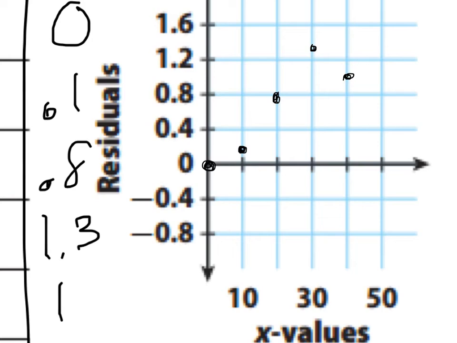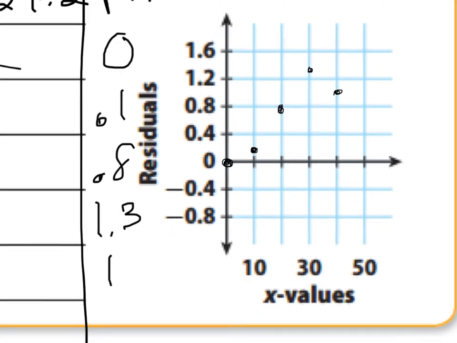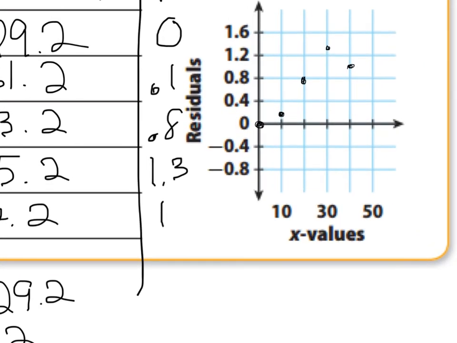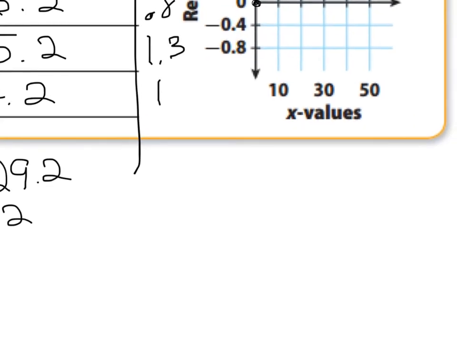Well, we want an even distribution for it to be a good line of fit. And as you can tell, all the dots are above the line except for that one that's on it. Plus the residuals get quite big. So this is not a good fit for a line. So again, 2 residuals are big.